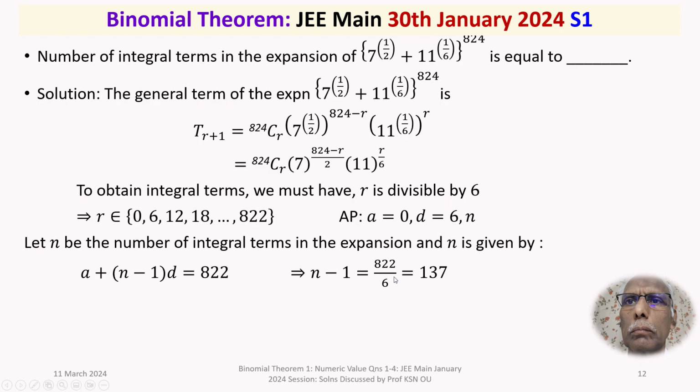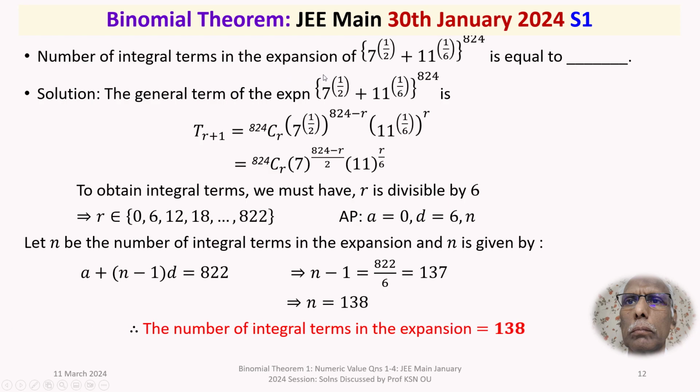When you divide, you get 137. Therefore, n is equal to 137 plus 1, which is 138. Therefore, the number of integral terms in the given expansion is 138. The answer to this question is 138.